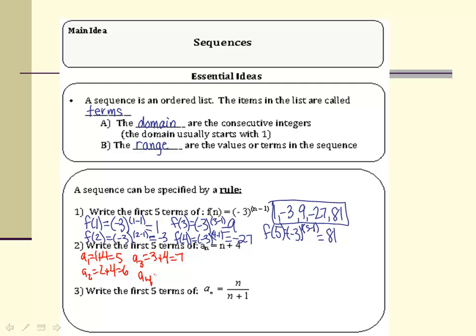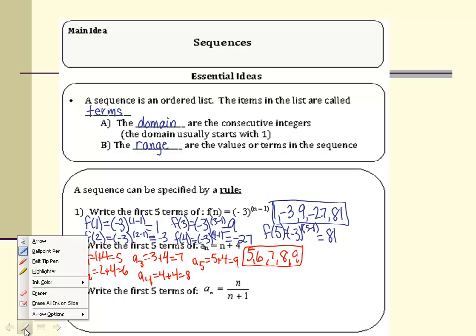A sub 4 is 4 plus 4, which is 8. And then a sub 5 is 5 plus 4, which is 9. So my first 5 terms are 5, 6, 7, 8, and 9. Those are my first 5 terms.